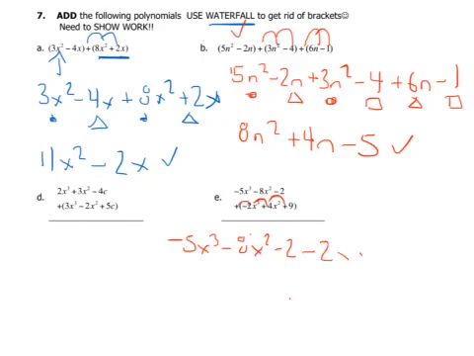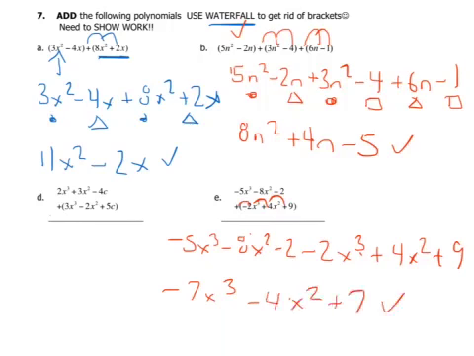So it'd be negative 2x cubed plus 4x squared plus 9. And the x cubes would be negative 7x cubed, negative 4x squared, and positive 7 should be your answer for that.